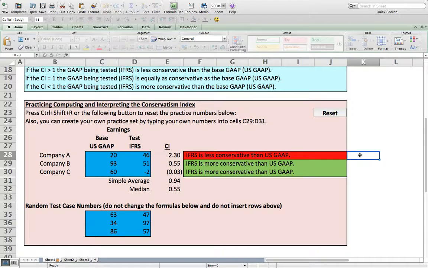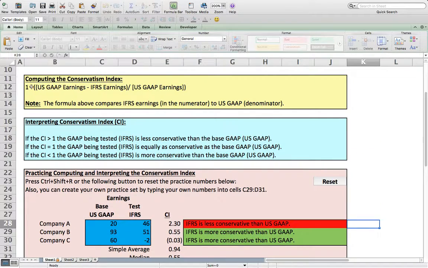Especially since there's this 1 minus, this always throws some students off, or even me, trying to take that 1 minus out. So I usually leave that for the end.